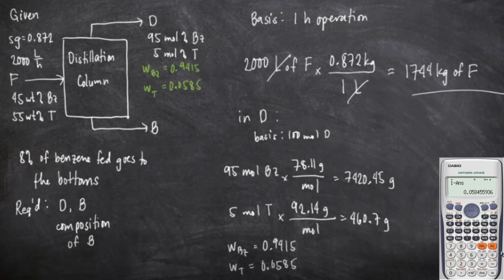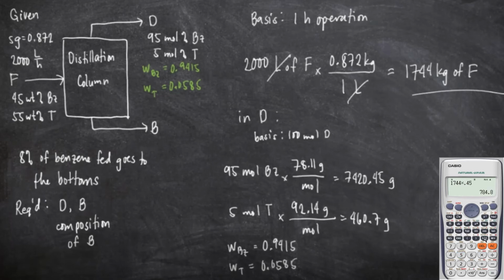Now, let's proceed to our bottom stream. It was mentioned that 8% of the benzene fed goes to the bottom stream. So we are going to take 8% of 45% of 1744 kilograms. 1744 is the total mass of your feed stream. 45% of this is benzene.